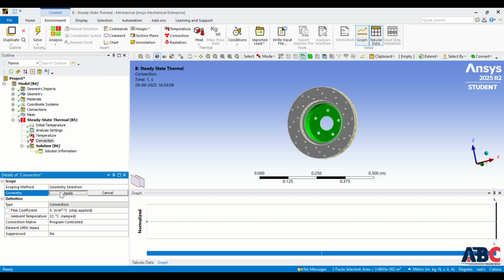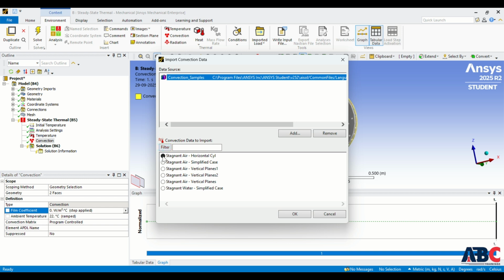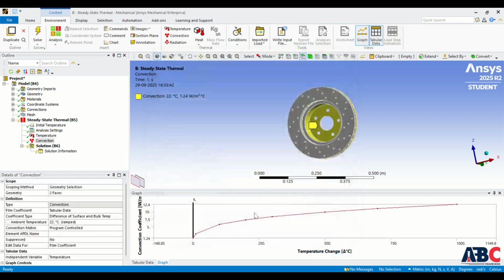Click on apply. For the film coefficient, we are going to take it from the temperature dependent tools. So we are taking stagnant air as the default film coefficient for the rotor. Click on OK. In the tabular data you can see the convection film coefficient.